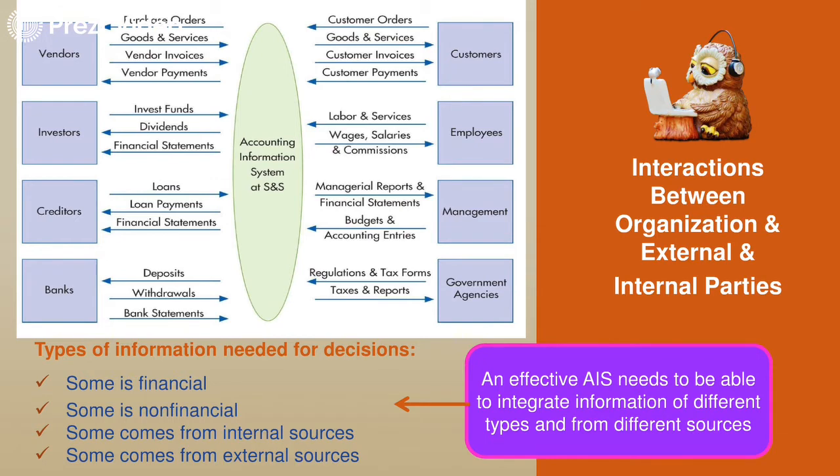They have financial information and also non-financial information, whether it comes from internal sources or external sources. To have an effective AIS, the AIS needs to be able to integrate information of different types and from different sources.